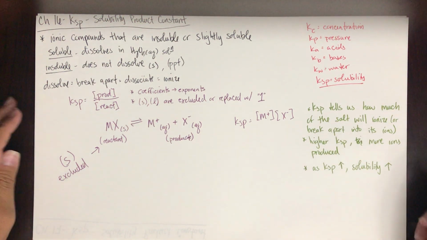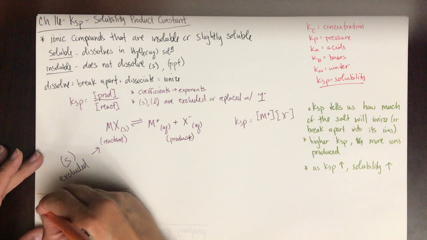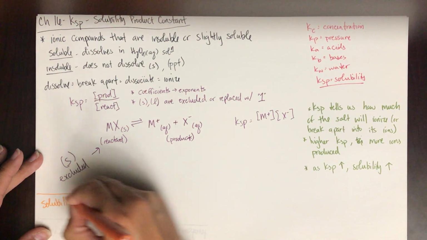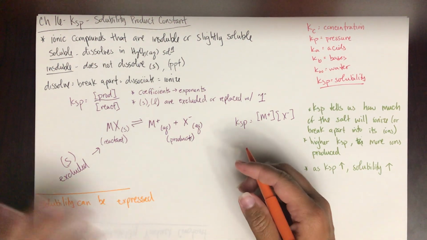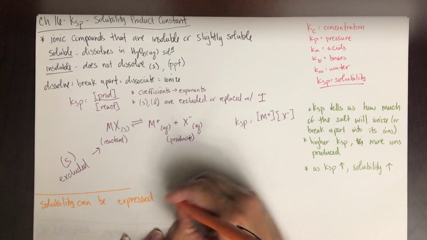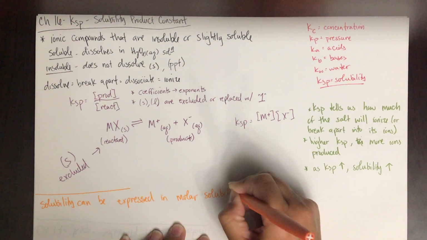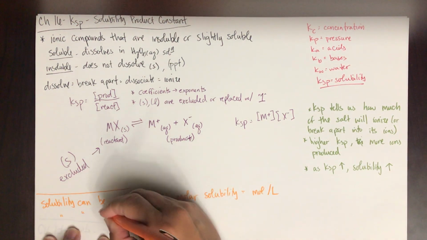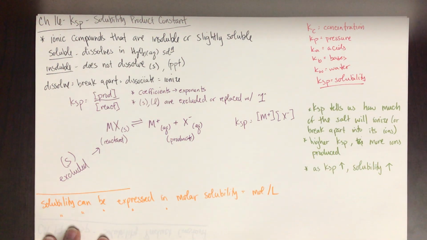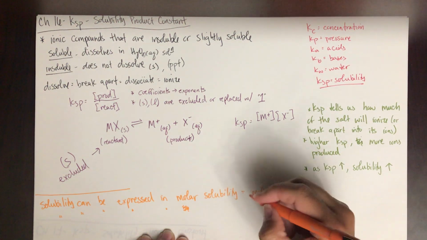Something else that is worth pointing out is that solubility can be expressed in a few different ways. It can be expressed in molar solubility, which is moles per liter. That is pretty standard. It can also be expressed in regular solubility, which is grams per liter.